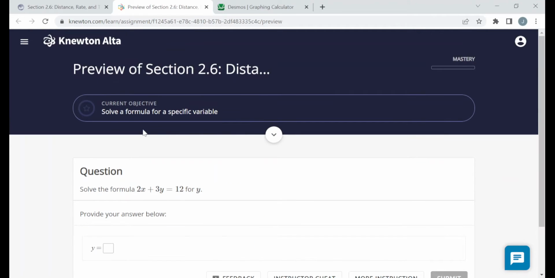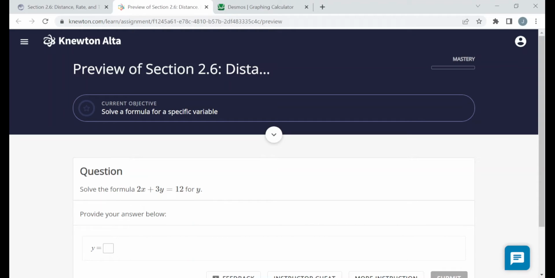Alright, so the first objective I'm looking at is solve a formula for a specific variable. So we're given here an equation, a formula, an equation with multiple variables that are related in some way. 2x plus 3y equals 12, and we're asked to solve for y.